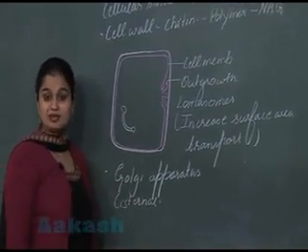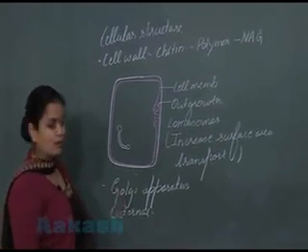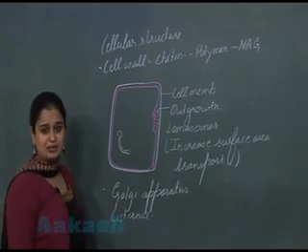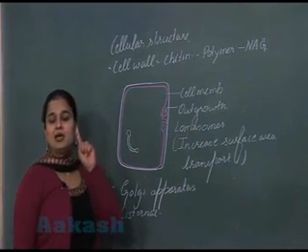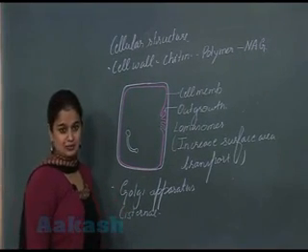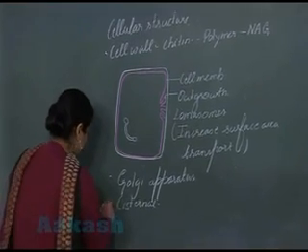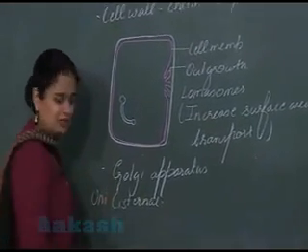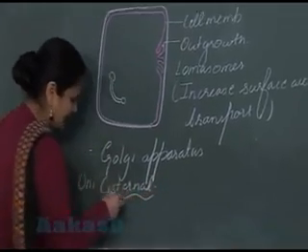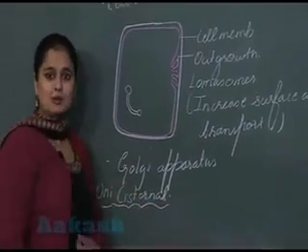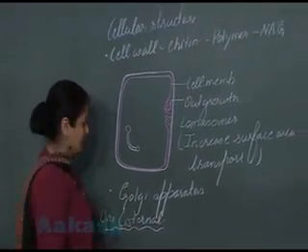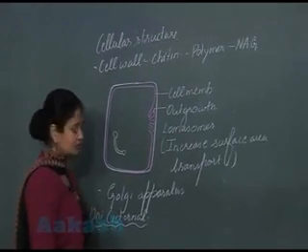And in the fungi, the Golgi apparatus consists of only one cisternae. So you can call it as unicisternal condition. Only one cisternae is present in Golgi bodies.